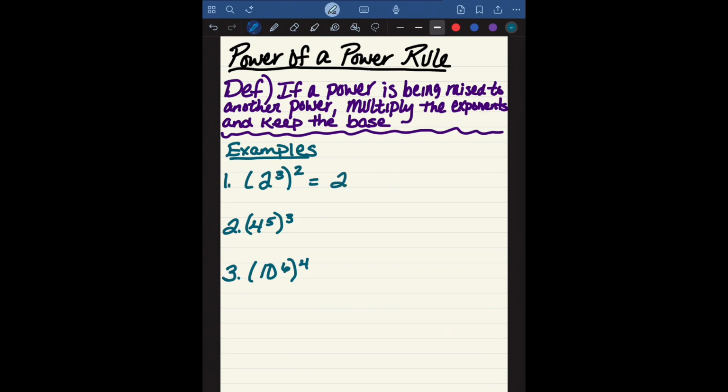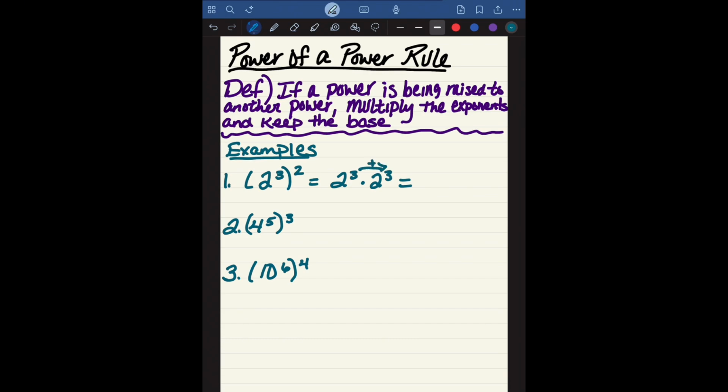So if we do extended, it's 2 to the 3rd power times 2 to the 3rd power, right? Since you got 2 of those. And remember, by the product rule, you keep the same base and you just add these 2 exponents together.